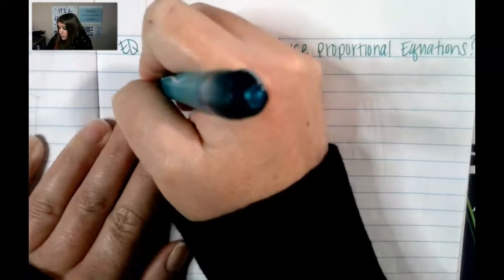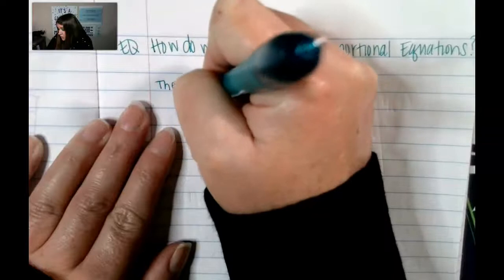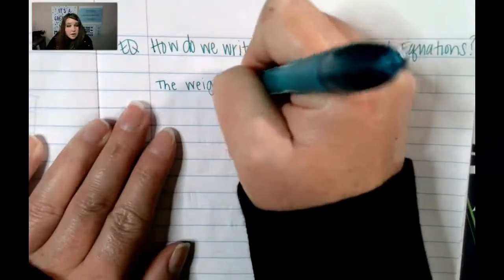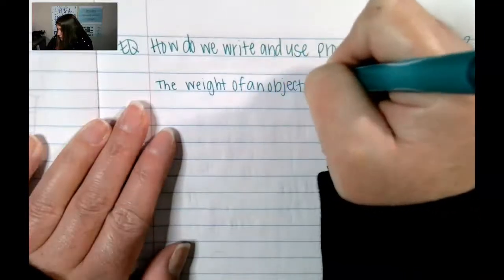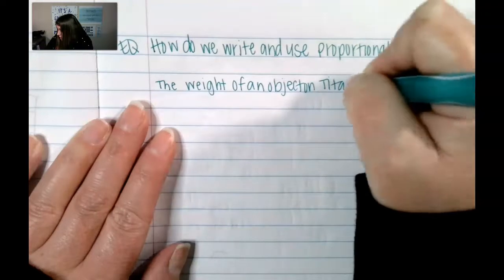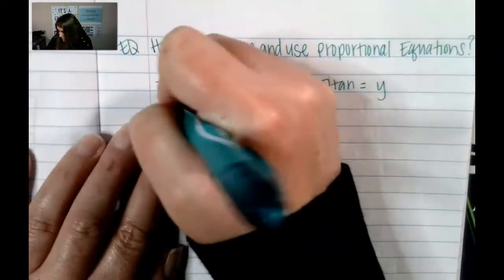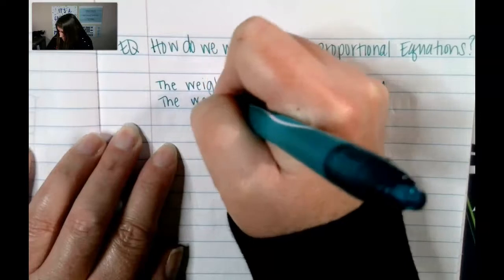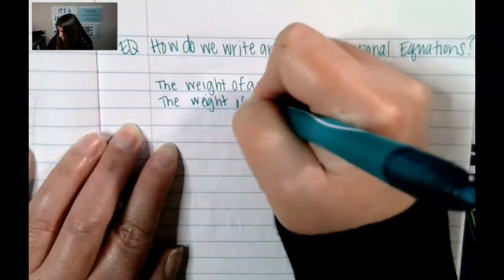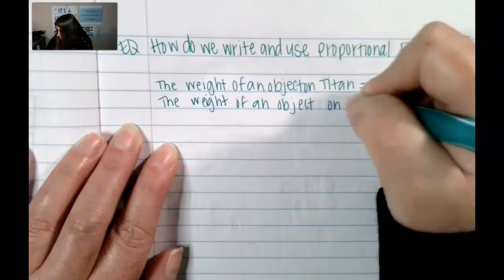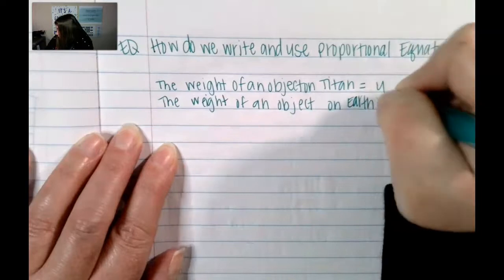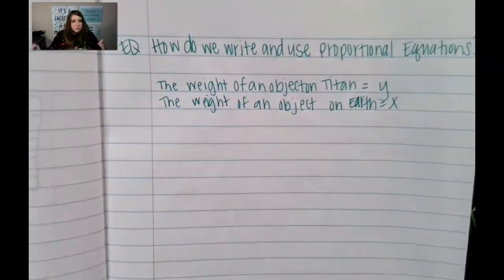So the first thing I'm going to do is just write out this problem. The weight of an object on Titan equals Y. And the weight of an object on Earth equals X. Okay, so we have two different things.